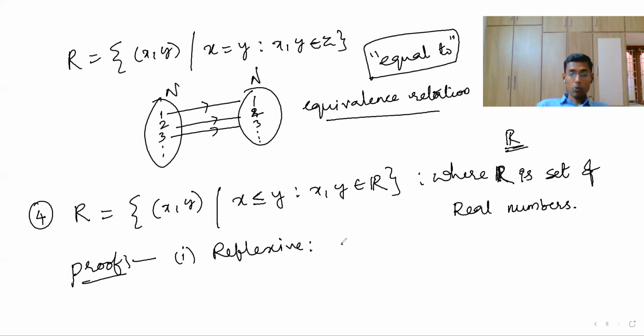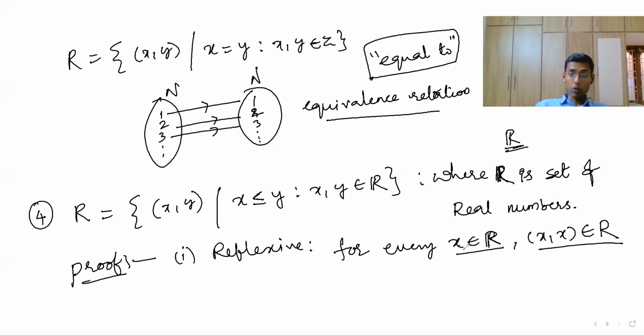Why? For every x, because less than or equal to is there, equal to is there. For every x belongs to R, for every real number, (x, x) also belongs to our relation R. For example, 1 equal to 1 is there, 2 is there.